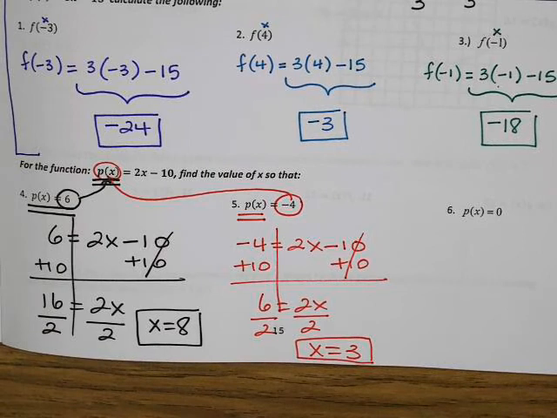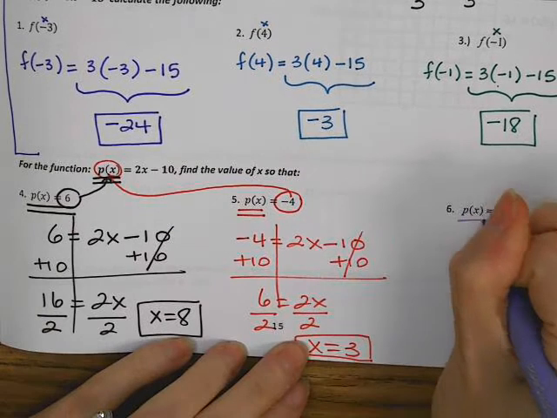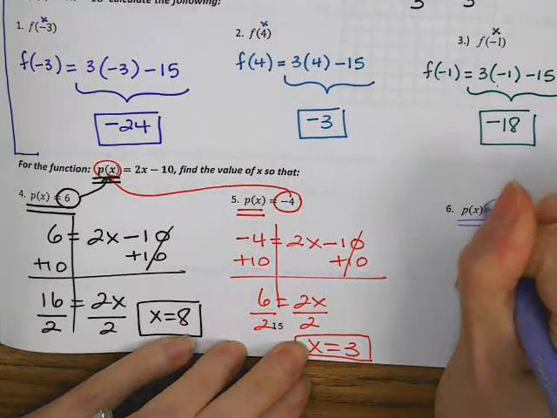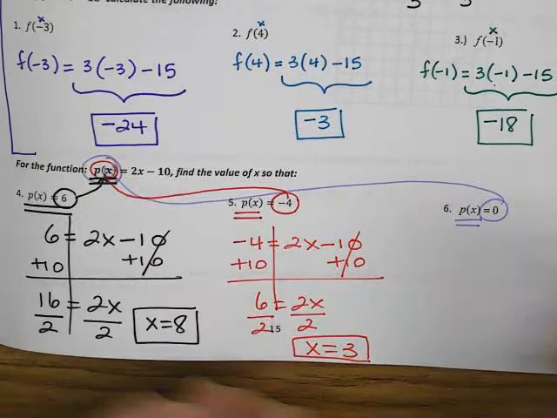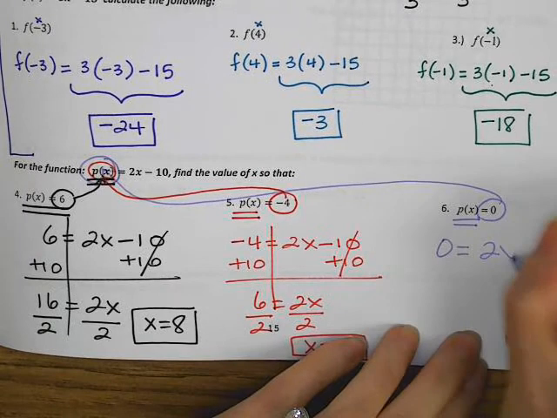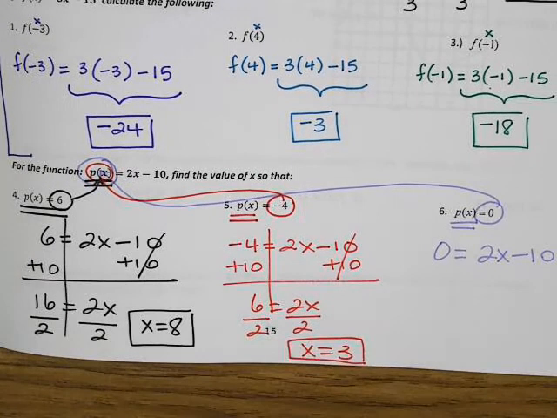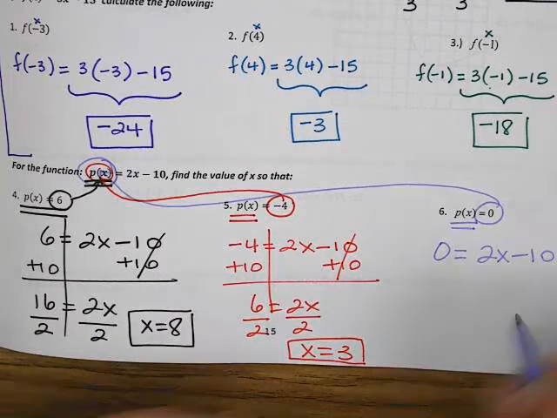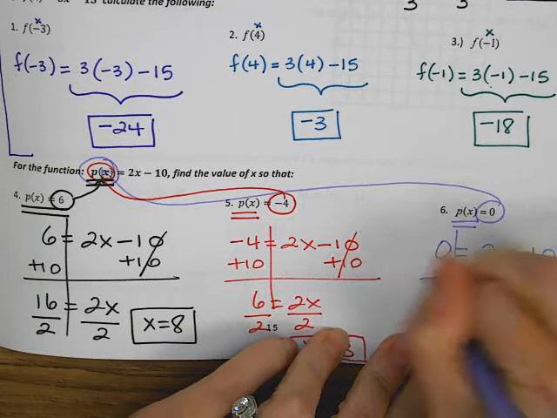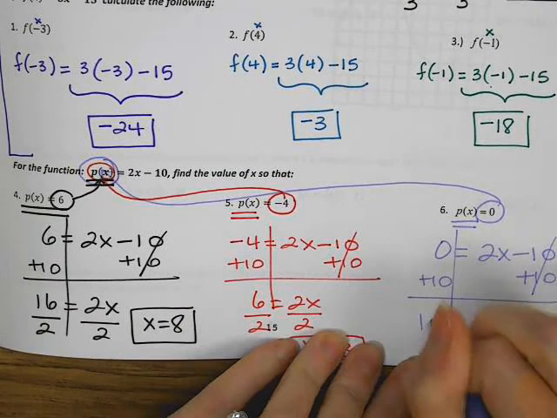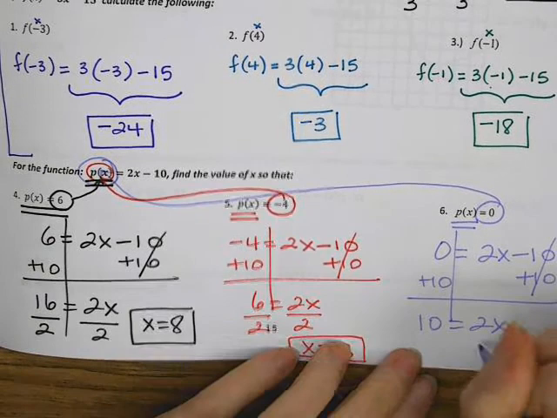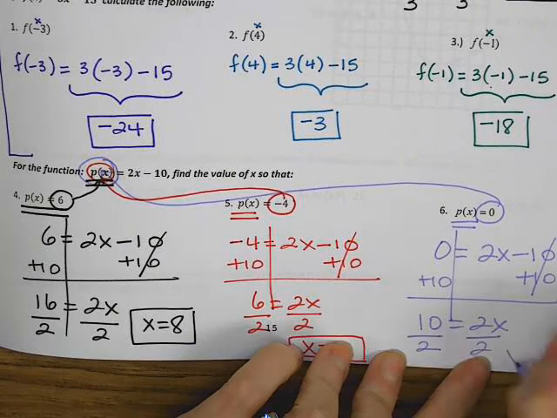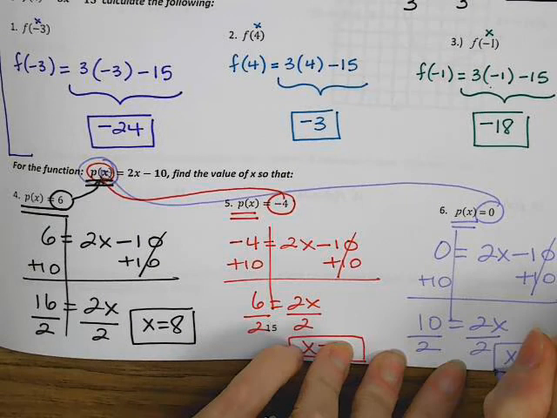All right, last one, number 6. It's saying the function value is 0, so we put the 0 on the other side here, and then we write the problem and we solve for x. All right, so same thing. We're going to add 10. We get 10 equals 2x. And then divide by 2, so x ends up being 5.